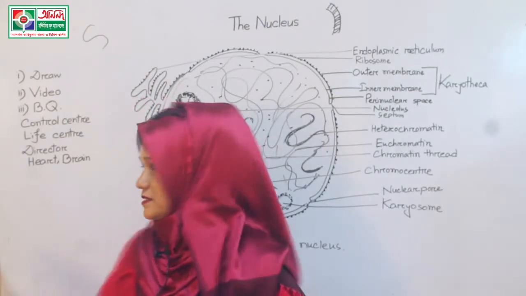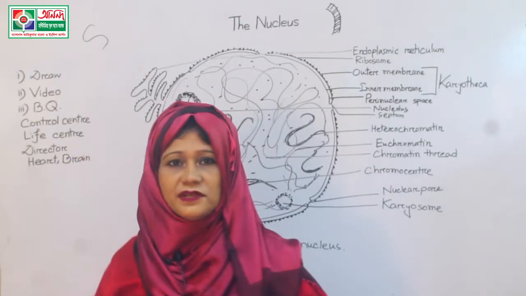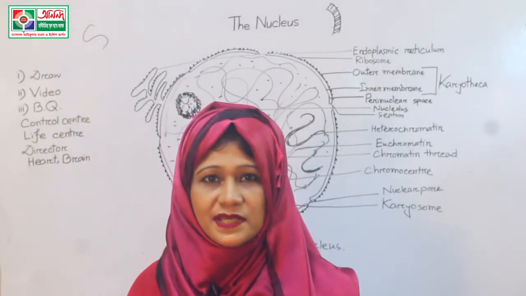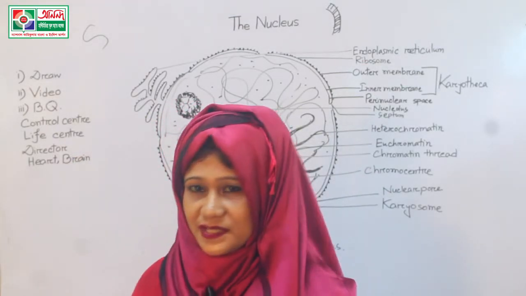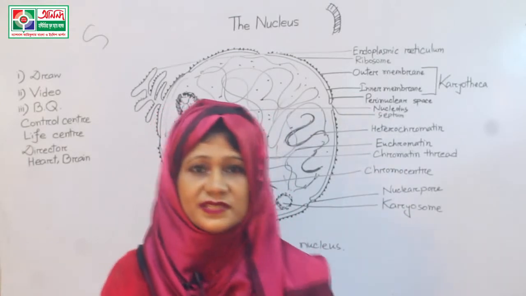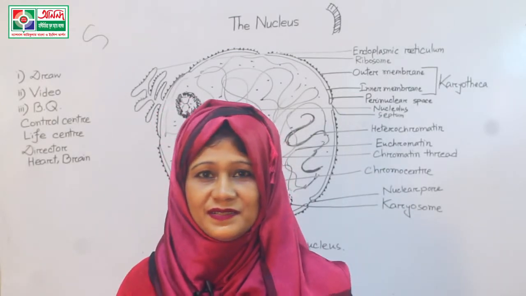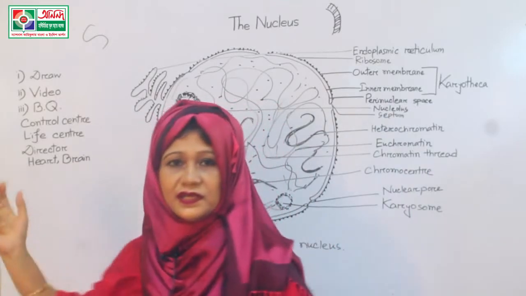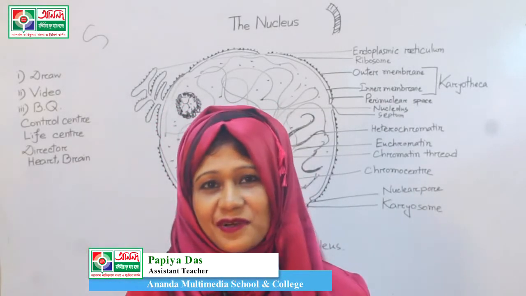That's why it is called the director of the cell. Otherwise you can say brain of the cell, heart of the cell, life of the cell, control center of the cell.